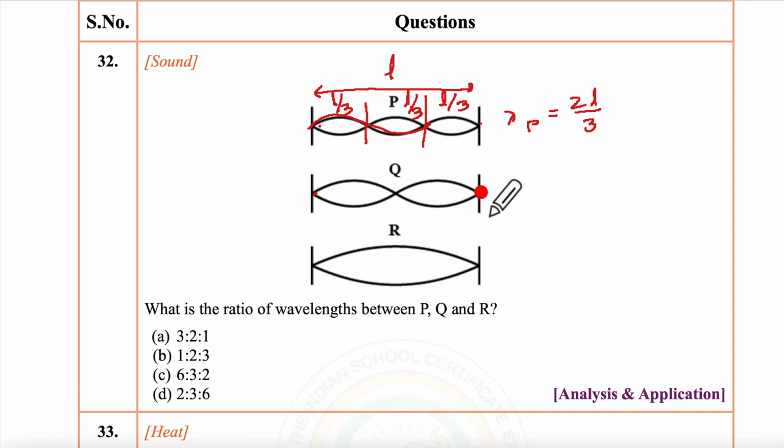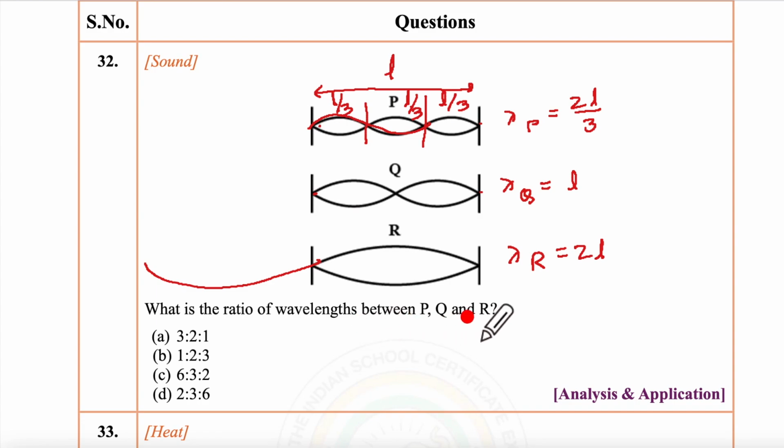From here to here becomes the wavelength of Q, so that will be L. And the wavelength of R, remember this way becomes one complete wave, correct? So if this is L, the whole thing becomes how much? 2L.